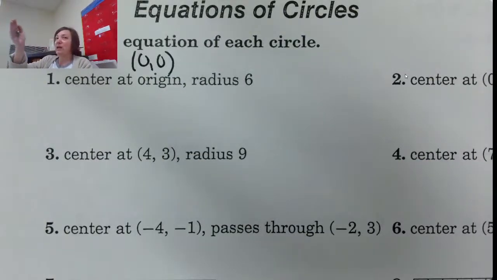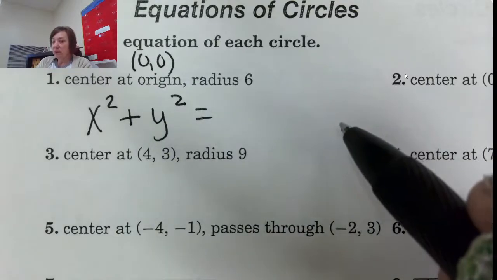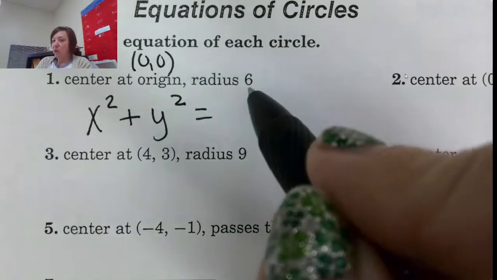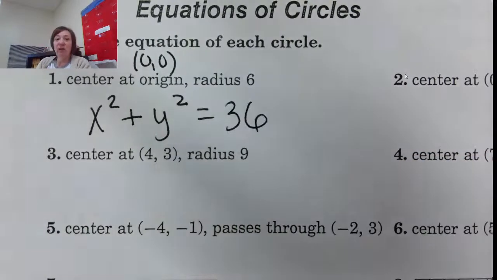But what is x minus 0 squared? x squared plus y squared equals, what is 6 squared? 36. And that's the equation of our circle. That's literally all we have to do for this problem, is write the equation of the circle.